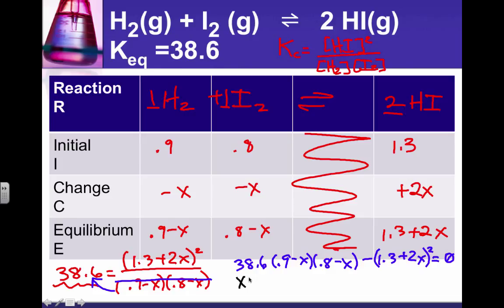So if x is equal to 0.48 molar, then I know my concentration of hydrogen is equal to 0.9 minus 0.48, and I'm going to let my solver do this math.